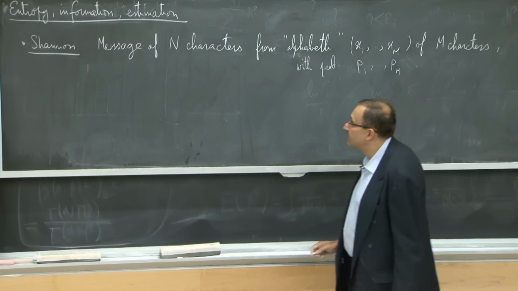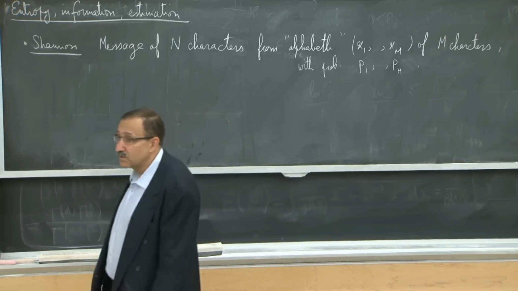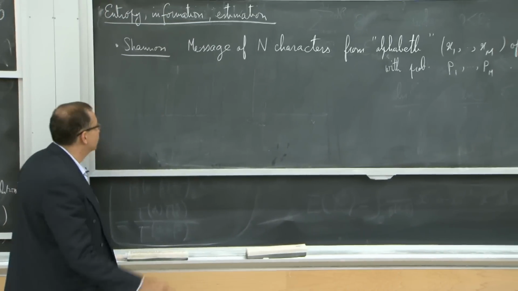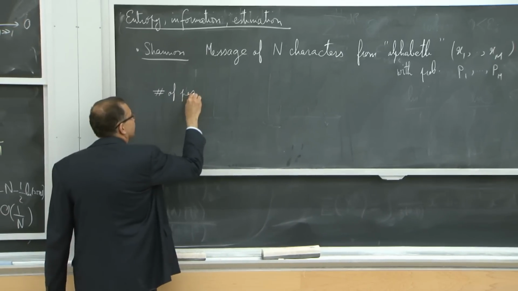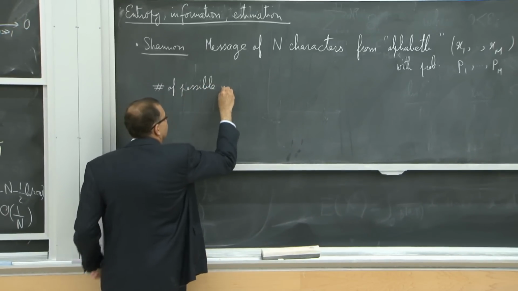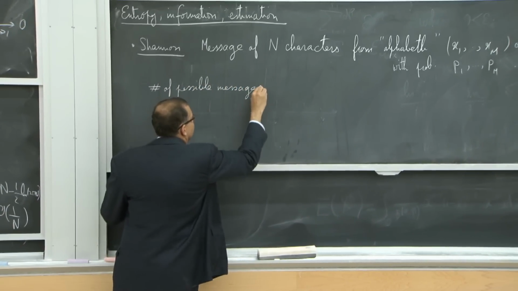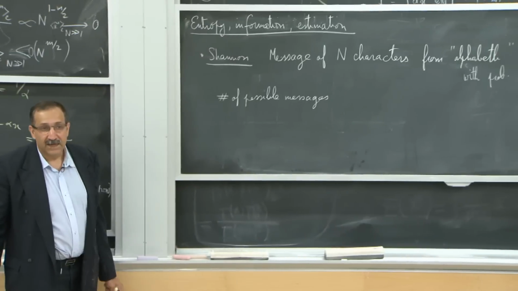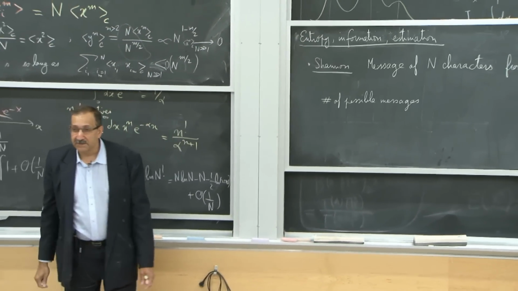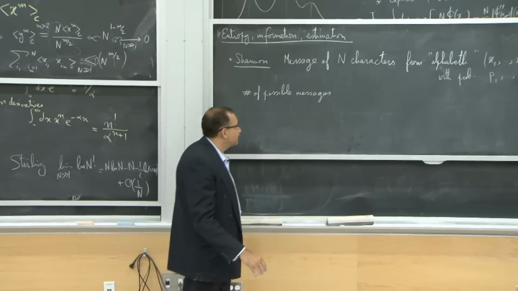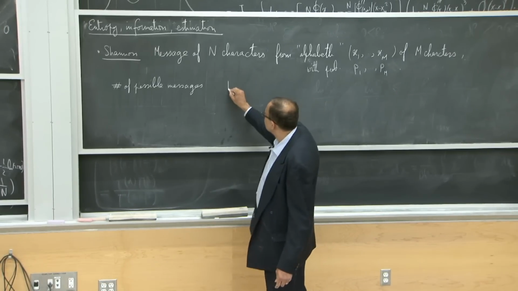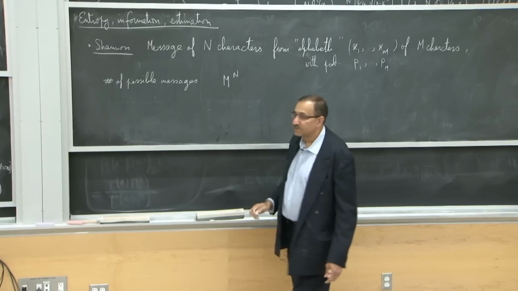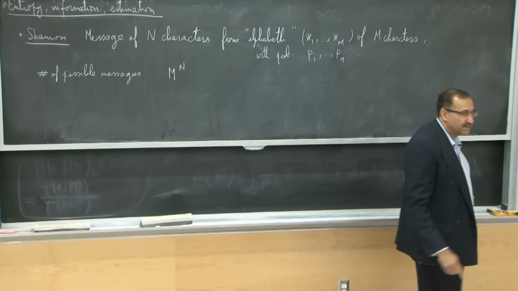Now, how many possible messages are there? So the number of possible messages that are composed of n occurrences of an alphabet of m letters, you would say is m to the n. Okay?